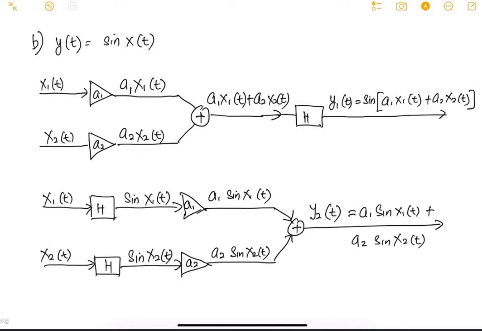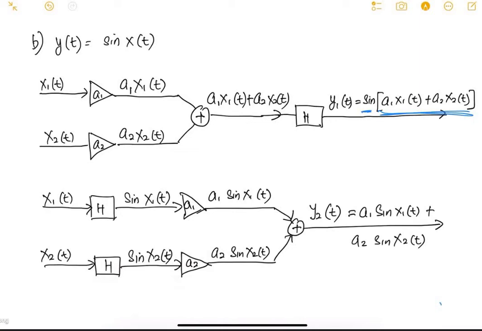Now you can compare y1(t) with y2(t), whether you get the same or not. Do you get the same one? It's not the same, because if you look at the first one, the sine applies to everything here.